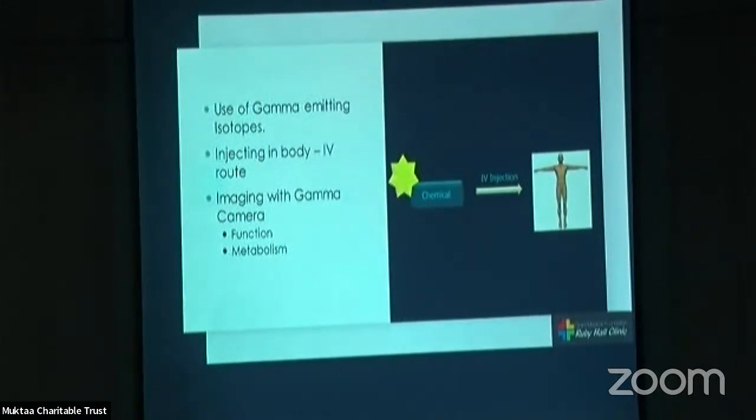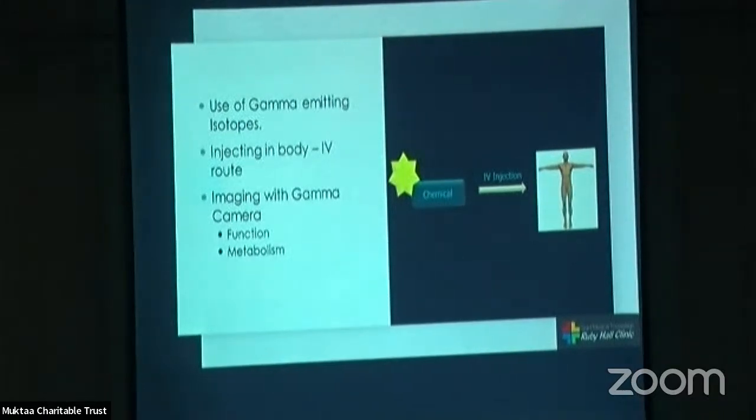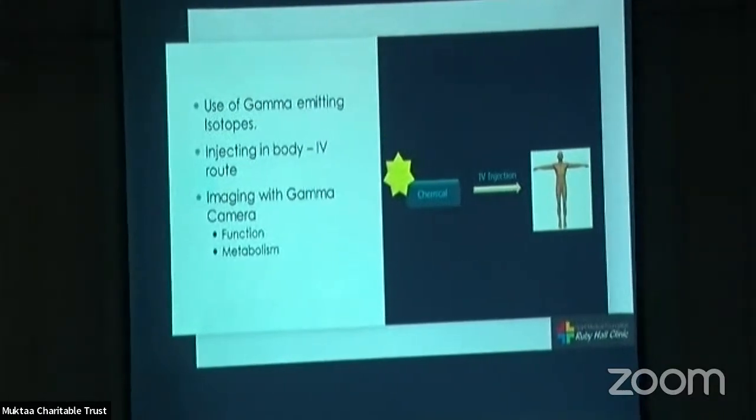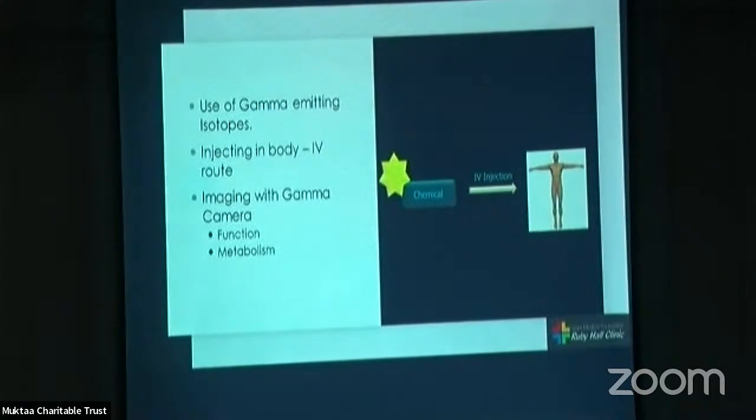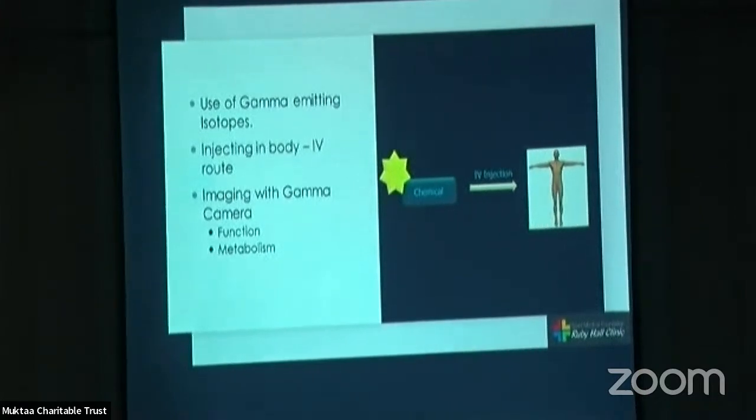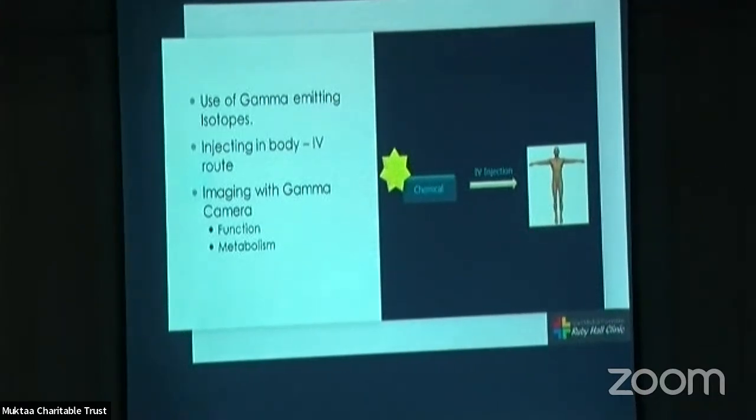What is nuclear medicine? It sounds quite difficult, but it is a very simple thing. That yellow star which you are seeing is what is called a radioactive isotope. In 90% of the cases, it is technetium-99m. And then there is a chemical.